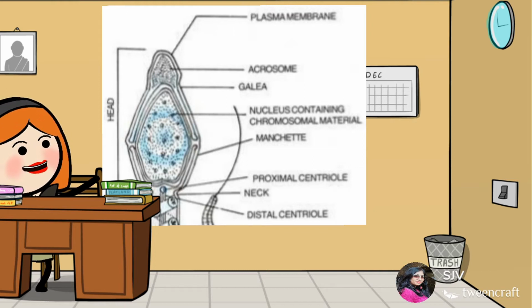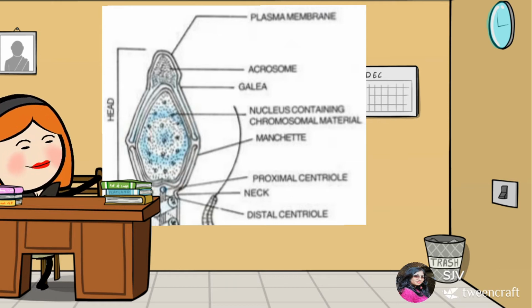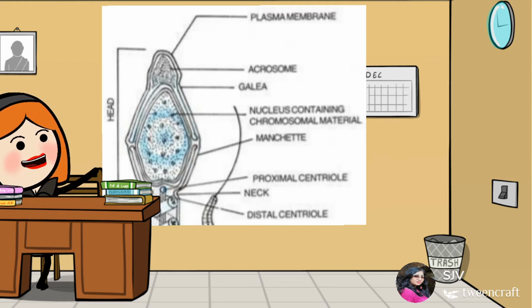The covering around the anterior part of the nucleus and acrosome is known as galea. Other than galea, there is an additional membrane which covers the lower part of the nucleus, neck region and the middle piece. It is known as manchette.